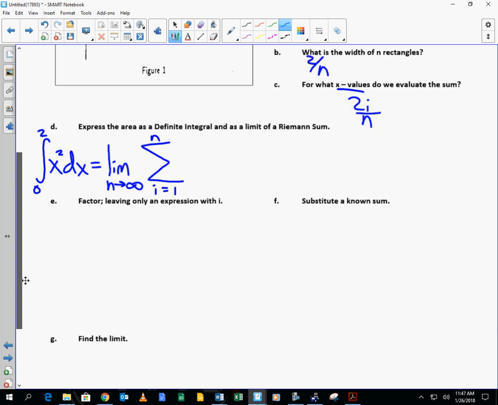How do we get the heights? We take the x values, and what do we do with those x values? We plug them into the function. So our x values are 2I over n. And if we plug them into the function, what do we do to the 2I over n? We square it.